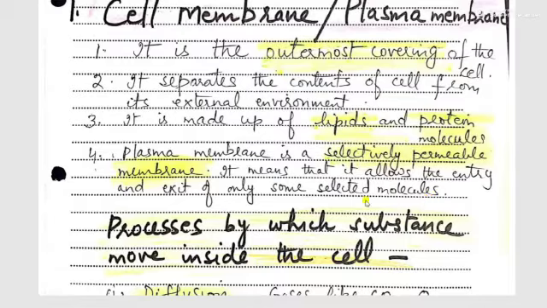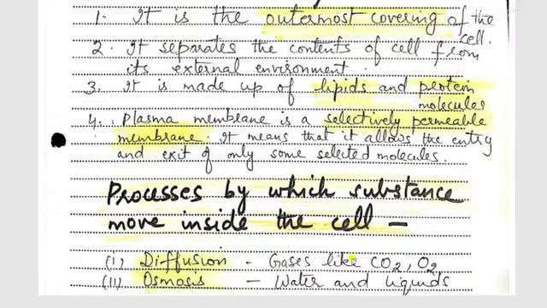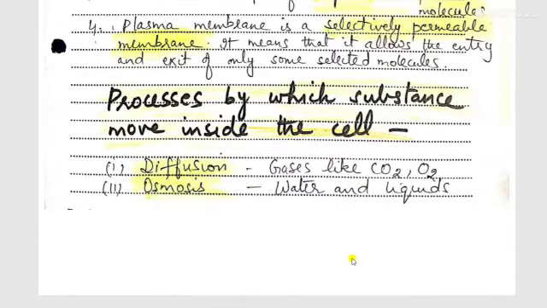Now, the processes by which substances move inside the cell. There are two processes by which substances can move inside the cell. First is diffusion and second is osmosis. Diffusion, you know the meaning of diffusion: movement of molecules from high concentration area to low concentration area.